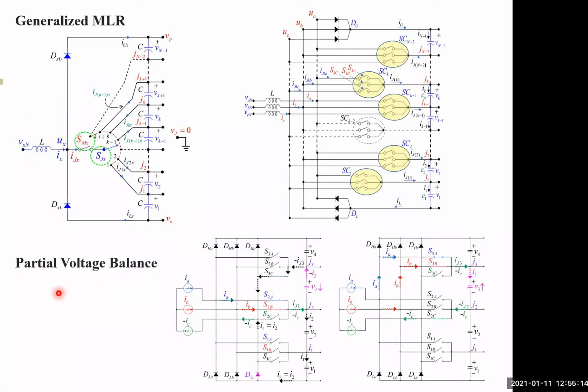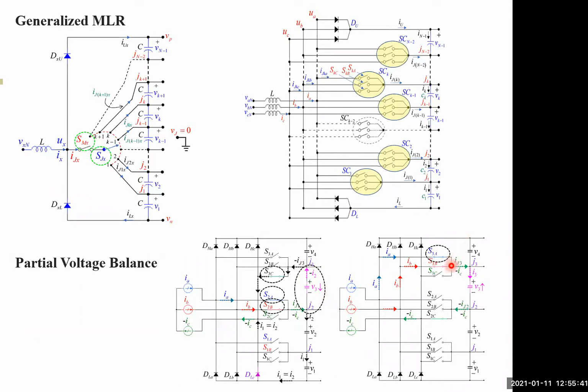To do the partial voltage balancing, let's look at a quick snapshot of a 5-level case. Here we have phase A, phase B positive, and phase C negative. Now suppose that we turn these 3 switches on. We can only turn on 3 switches at a time, 1 per phase. We're going to force the current to flow upward through V3, which will cause V3 to decrease.